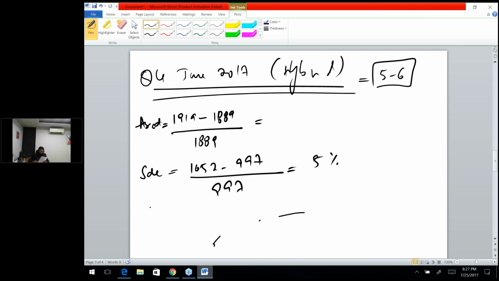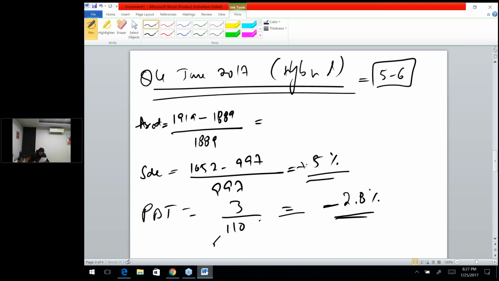Then we have the profit before tax, which has gone down by 3 million on 110 million, giving you something like a 2.8% decline. So that's a 5% increase in sales, a 2.8% decline in profit, and around a 2% increase in total assets. Now what next?